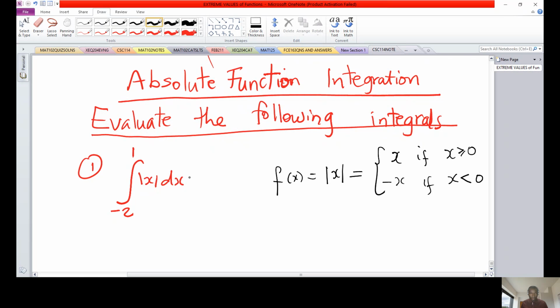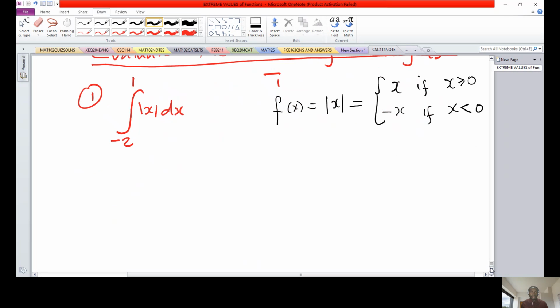So what you do, you break the absolute value function given into these two formulas. With respect to each of the two formulas, you redefine the intervals of integration, as we are going to see in these examples here. So for this case, we have to integrate from -2 to 1.